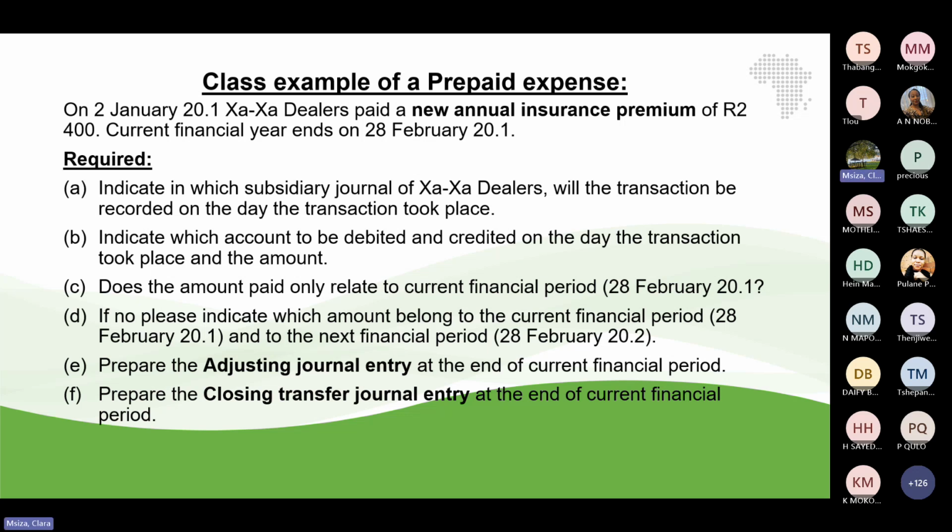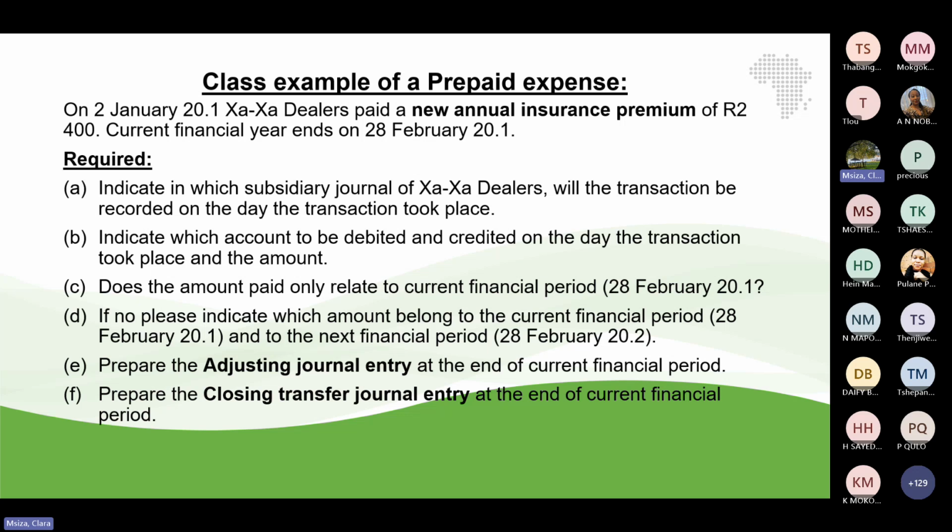So we will do our first question because we have already identified their financial period. So now we know where we are working from. And also when you look at this, you must start thinking, does the 2,400 cover the 12 months, or did they pay for Jan, Feb, and the other financial year?